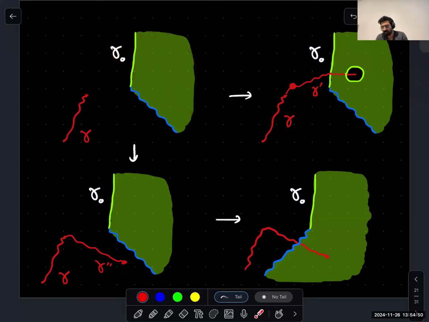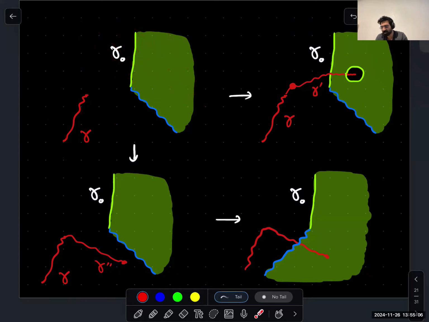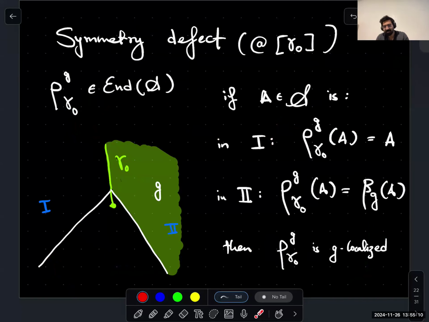Recall that if you had an anion that was localized in some cone lambda, then it would basically not see anything outside of lambda. Observables outside of lambda would just act as identity. But over here, something weird is happening. It's actually not just acting as identity. It is for all the Hamiltonian terms, but if there is a general observable, it's not going to act exactly as identity.